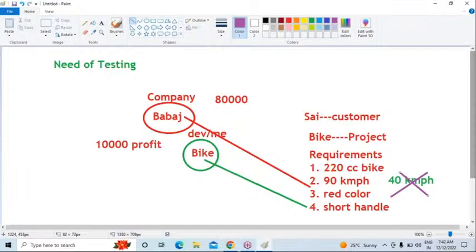So what will the customer do now? That application is not meeting the requirements. So what will the customer do now? What will he do? Yes, speak out.